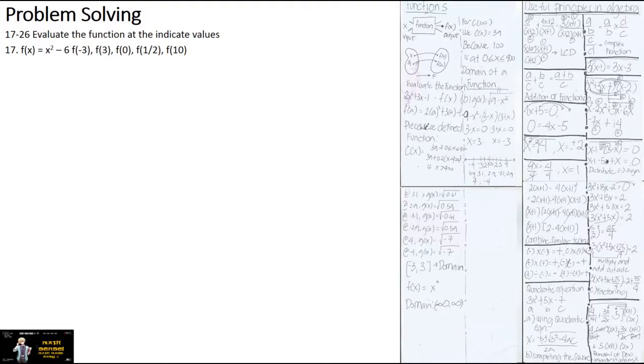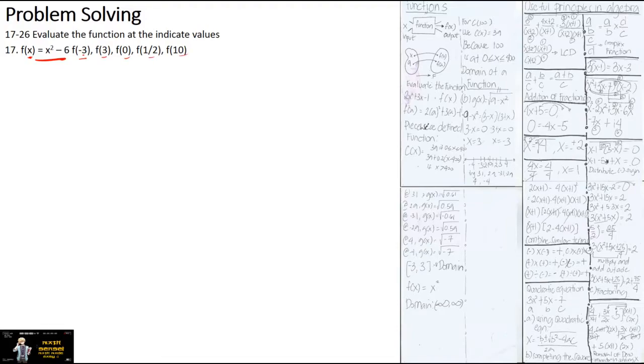Yan. So, number 17. So, yan ulit. So, meron tayong function. Then, meron tayong isa-substitute sa functions. So, ito yung inputs natin, itong negative 3. So, ganun ulit, kung ano to x, tapos since ito is naging negative 3, 3, 0, 1 half, 10.